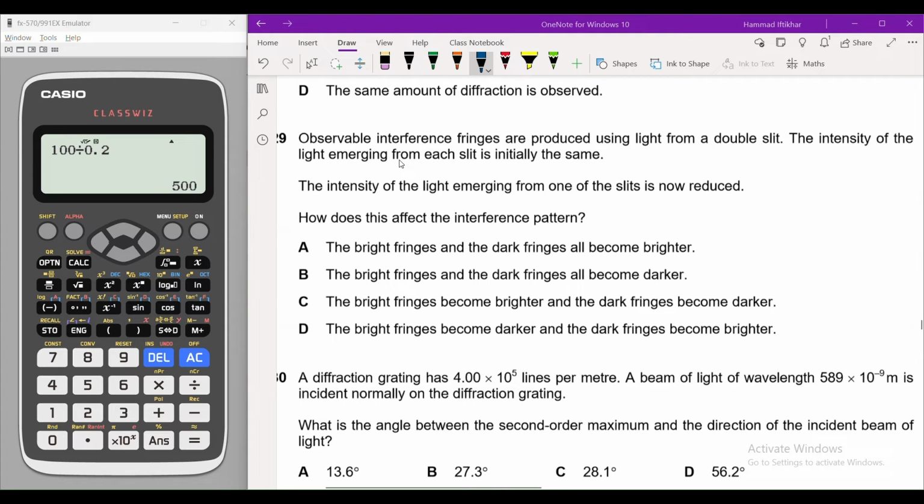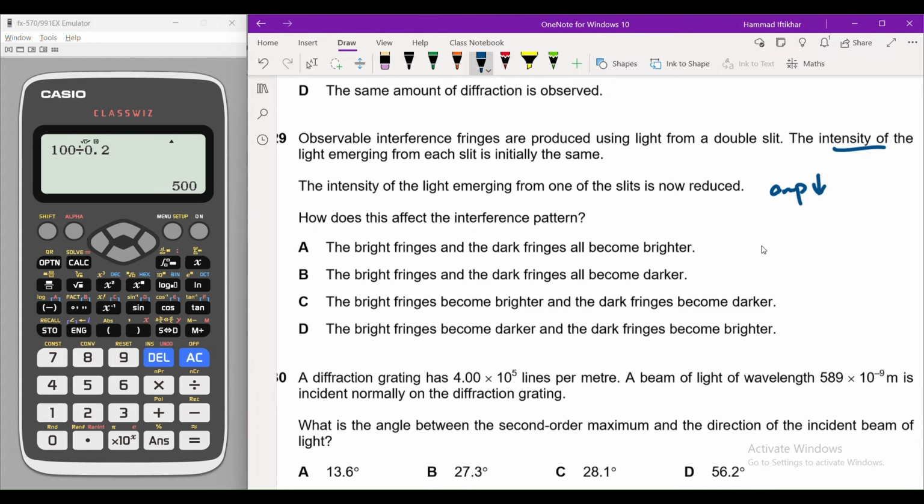Observable interference fringes are produced using light from a double slit. The intensity of the light emerging from each slit is initially the same. The intensity of light emerging from one of the slits is now reduced. How does this affect the interference pattern? So basically, when we say the intensity of one of the slits is reduced, we are actually reducing the amplitude.